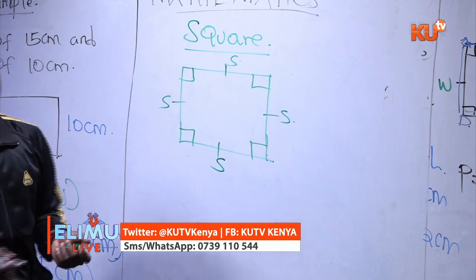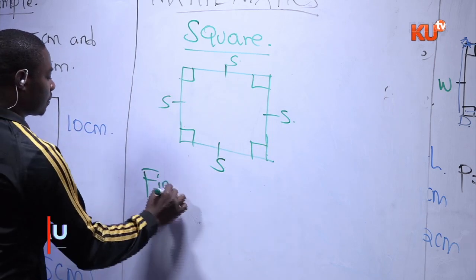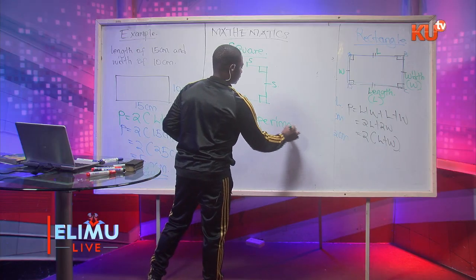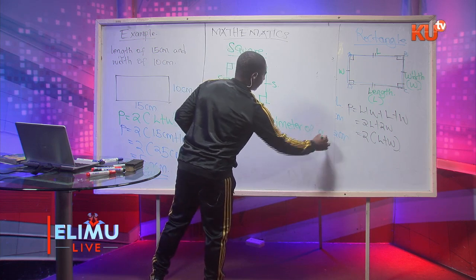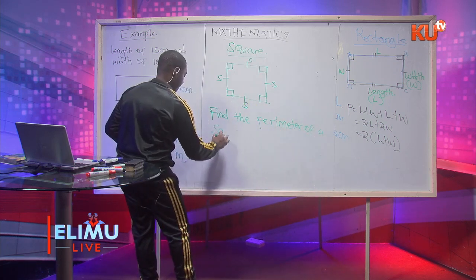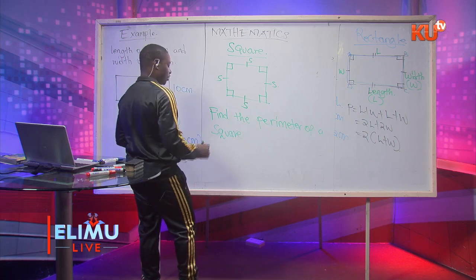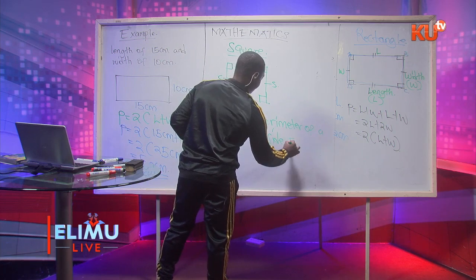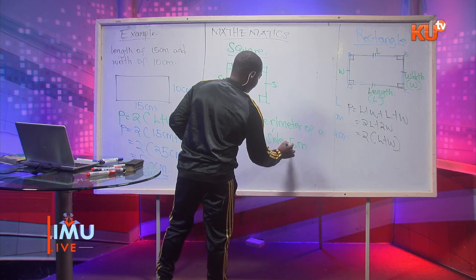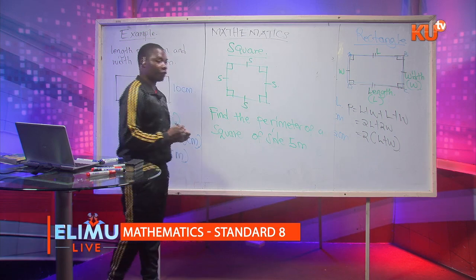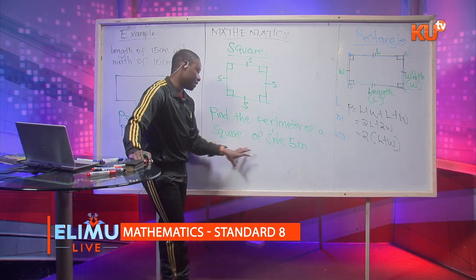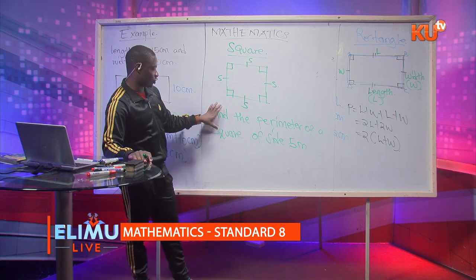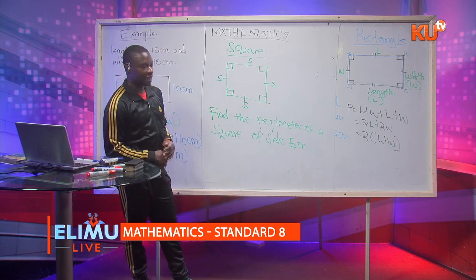So the question can be, find the perimeter of a square of side 5 meters. So this is the question. You've been given such a question, and we need to find the perimeter.